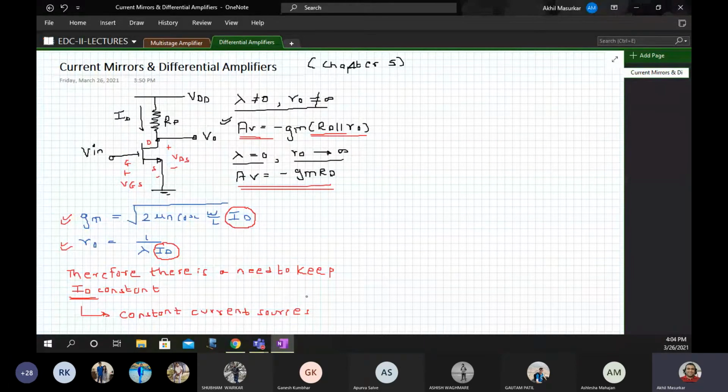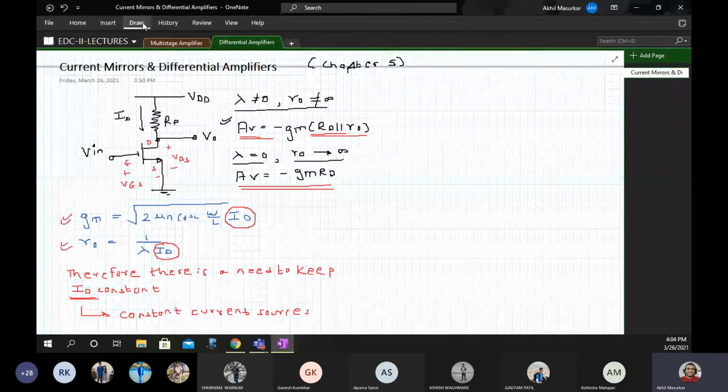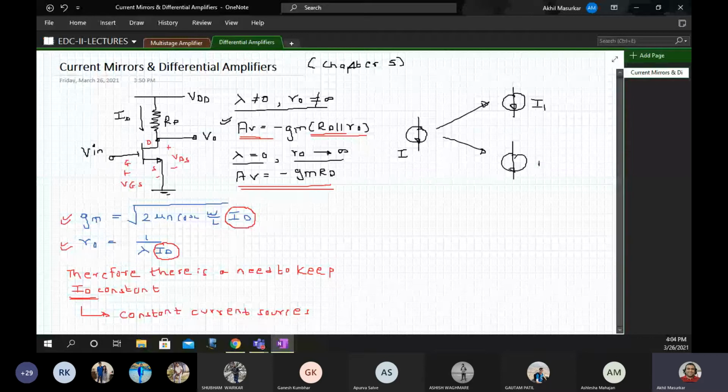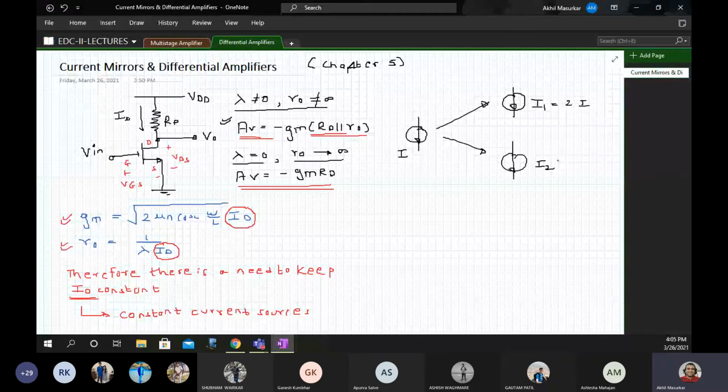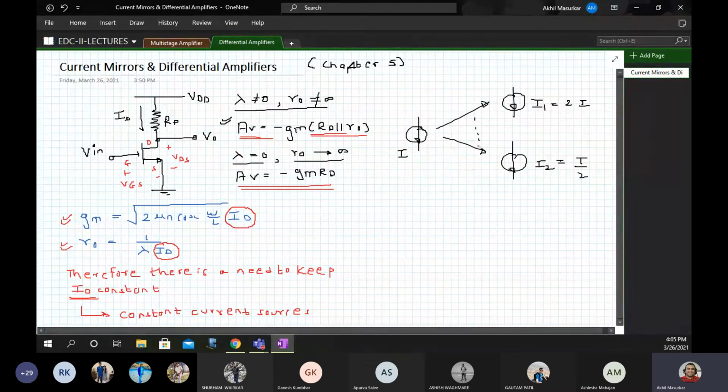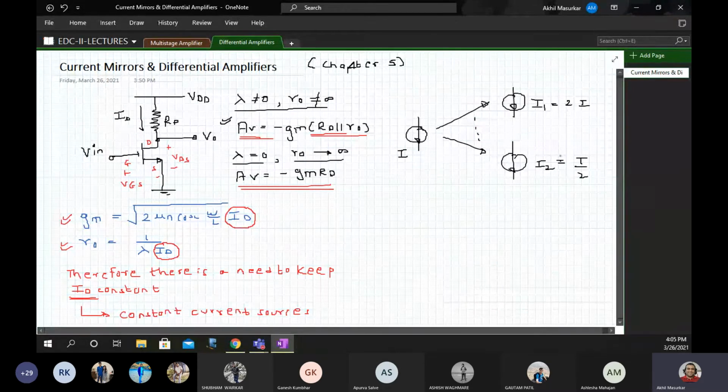Let us say I have one constant current source, its value is I. From this, if I want to make some more current sources, let's say I1, let's say I2, I1 can be twice of I, I2 can be I upon 2, it can be anything. There is no fixed constant here, it can be any multiple of I.